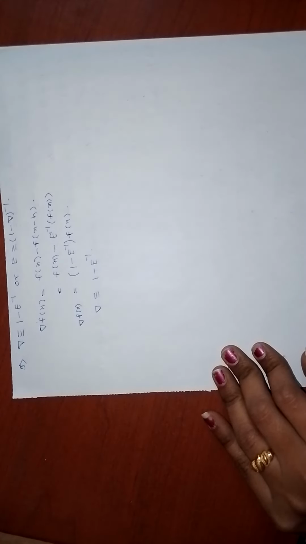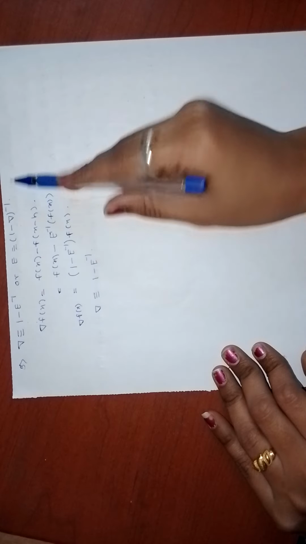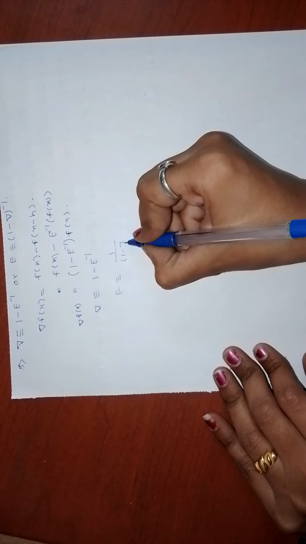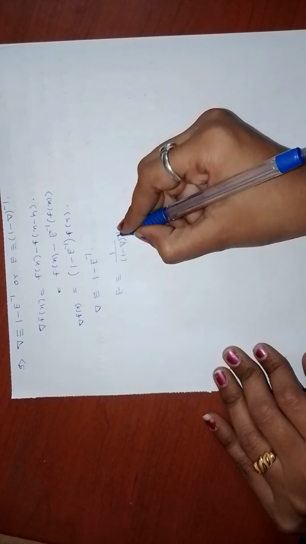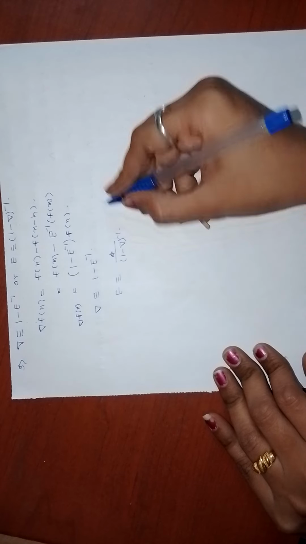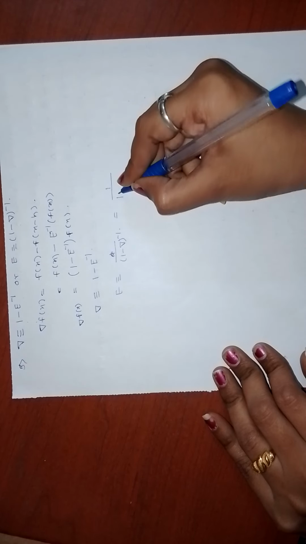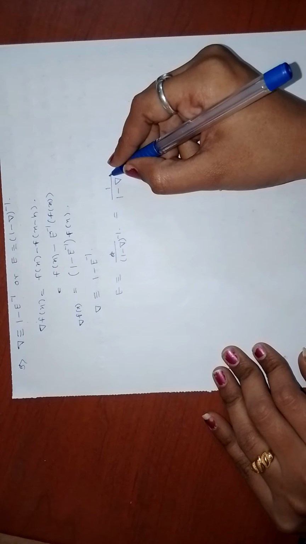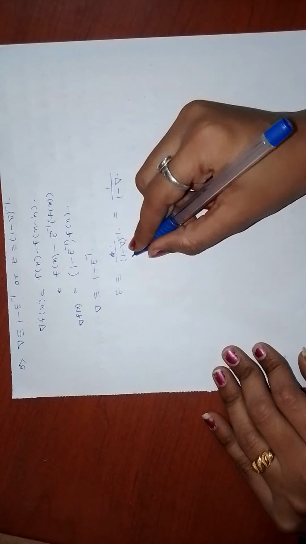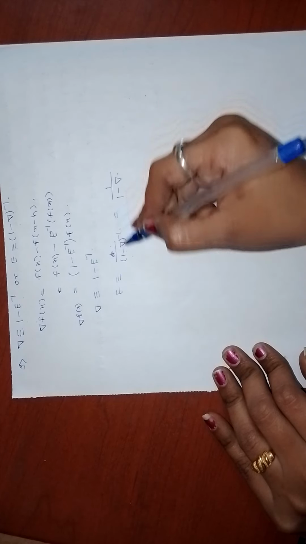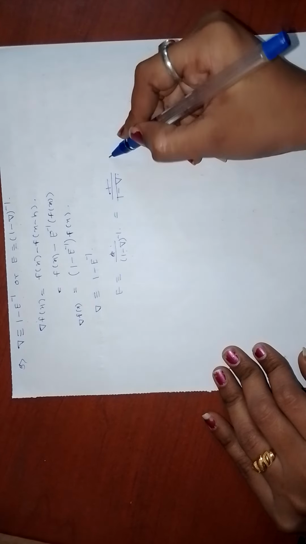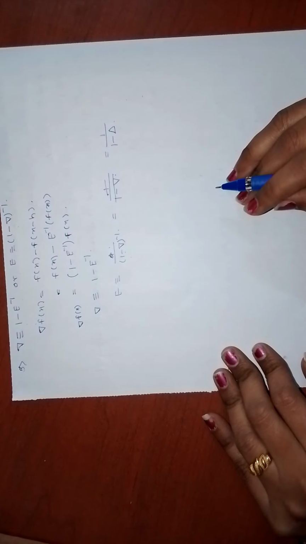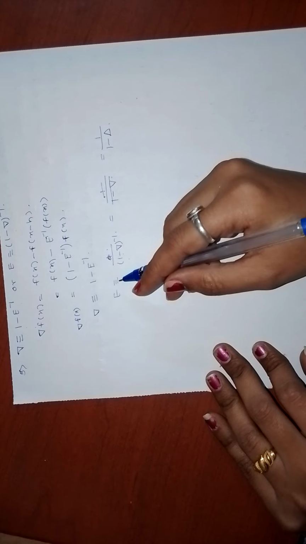Now second we have to prove that E is congruent to 1 minus del inverse. 1 minus del inverse can be written as 1 upon 1 minus delta. This is inverse of 1 minus del.